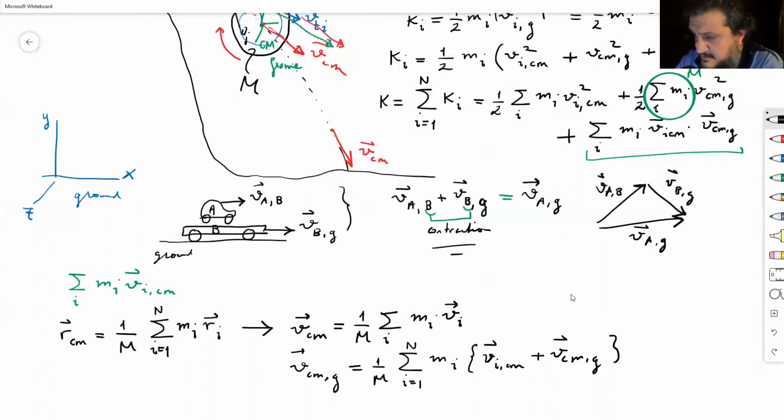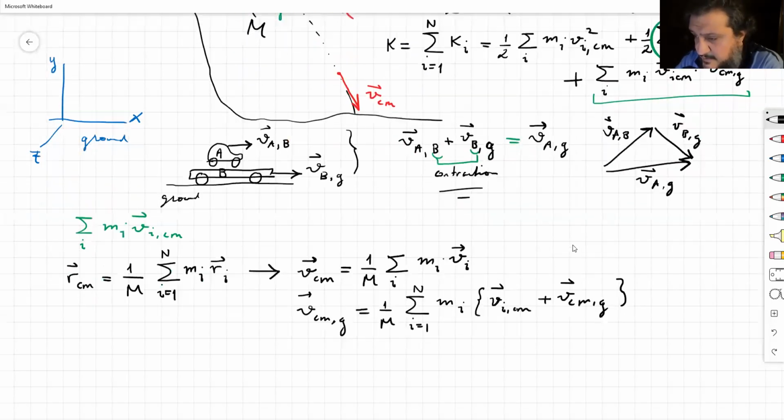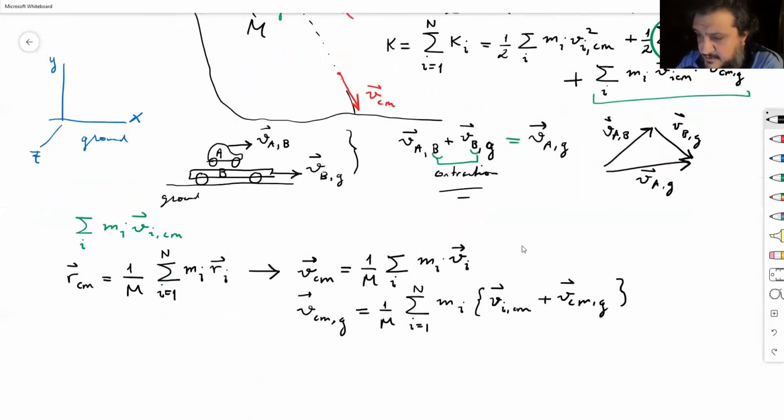Okay, so what is happening here? We have from the first term, this is nothing but that thing in green, right? Divided by m, of course.